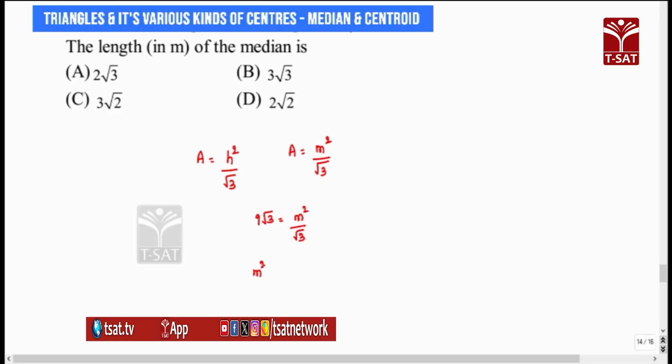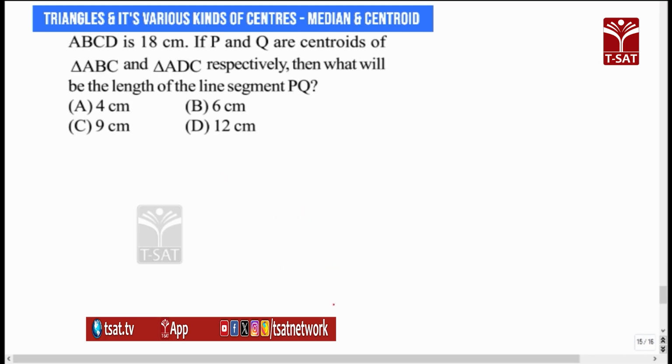Median square is equal to 9√3 into 3, which is 27. Length of median is root of 27, which is nothing but 3√3 centimeters. So, if you want to get the direct formula between area and the median, area is equal to median square by √3.